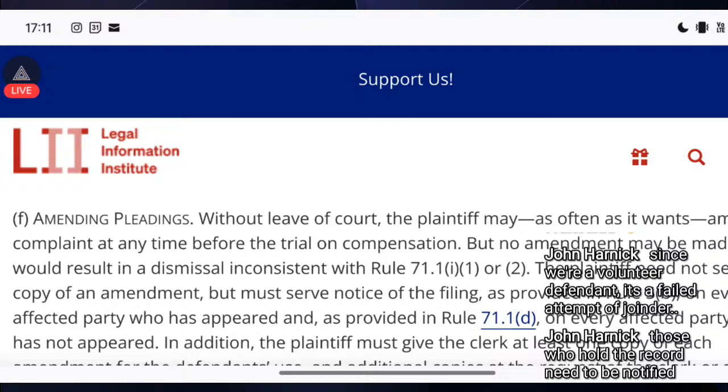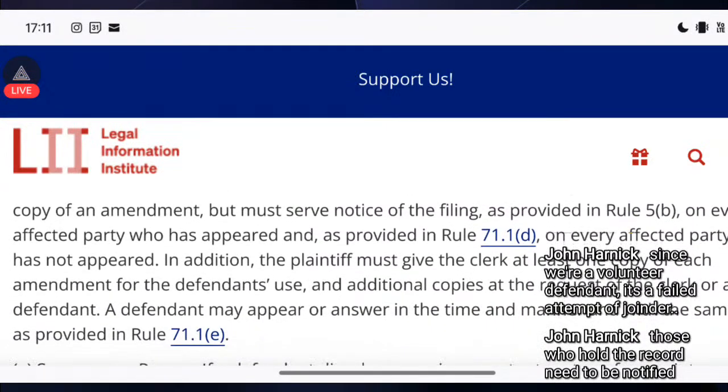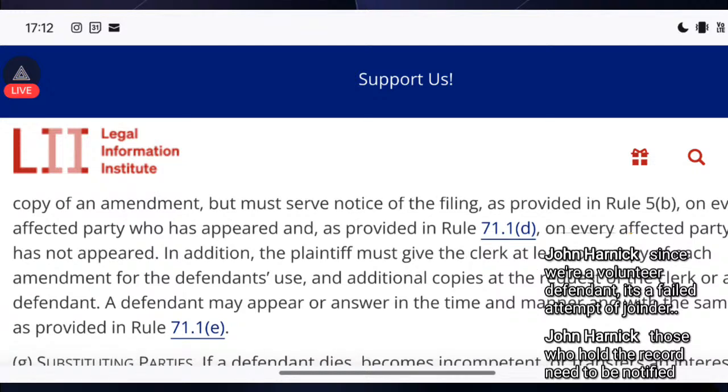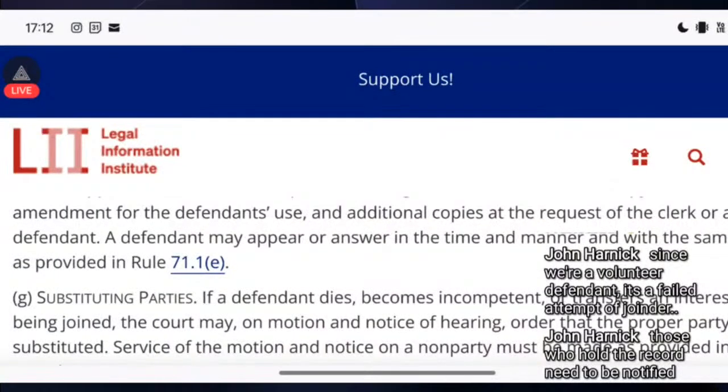The plaintiff need not serve a copy of an amendment, but must serve notice of the filing, as provided in Rule 5(b), in Rule 71.1(d), on every affected party who has not appeared. In addition, the plaintiff must give the clerk at least one copy of each amendment for the defendant's use, and additional copies at the request of the clerk or defendant. Defendant may appear or answer in the time and manner, and with the same effect, as provided in Rule 71.1(e).